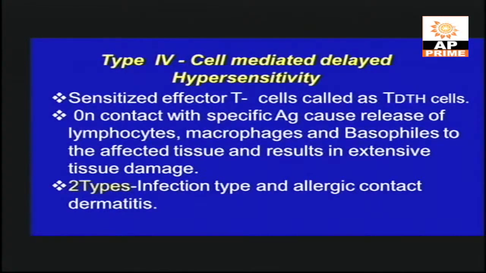On contact with the specific antigen, it causes release of lymphocytes, macrophages and basophils to the affected tissue and results in extensive tissue damage. This type 4 hypersensitivity is of two types: one is infection type and the second one is allergic contact dermatitis.